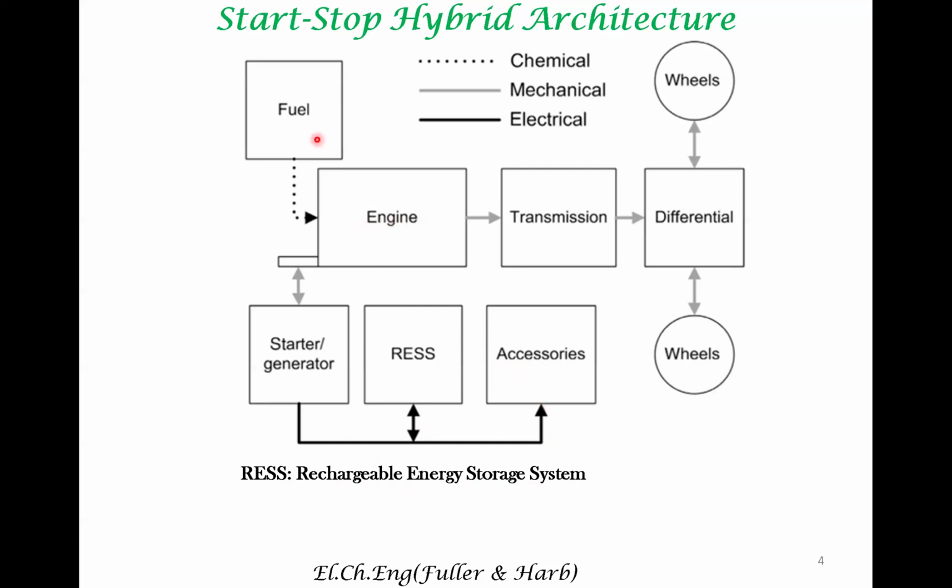So in this start-stop hybrid architecture, fuel consumption goes towards running the engine, goes towards transmission and running the vehicle. So that is the main role of the engine. Okay, the dominant power towards running the vehicle is provided by the engine.